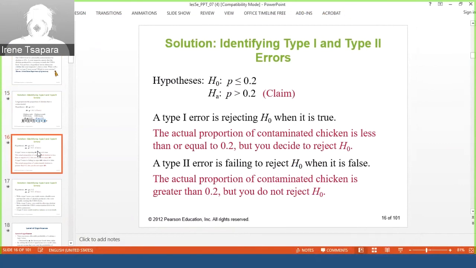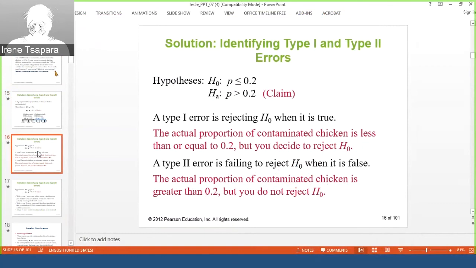This means that it is under the limit of USDA. And you reject the HO. The type 2 error will be exactly the opposite. The actual proportion of the chicken is greater than 0.2, but you do not reject the HO.